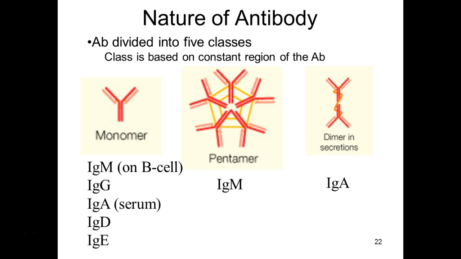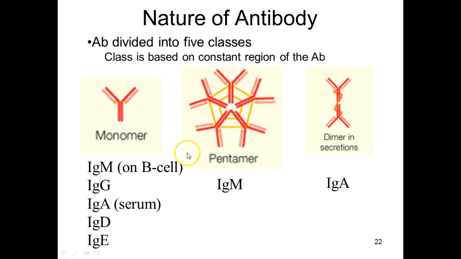Because, again, of what cells and what processes it activates within your body. So recently in some of the literature I was reading, IgD is also found on the surface of the B cell. That particular class.